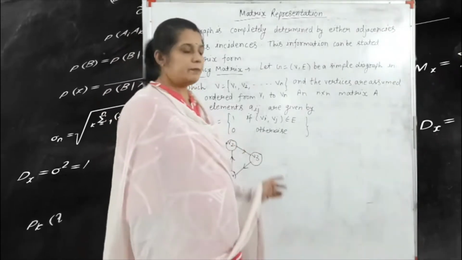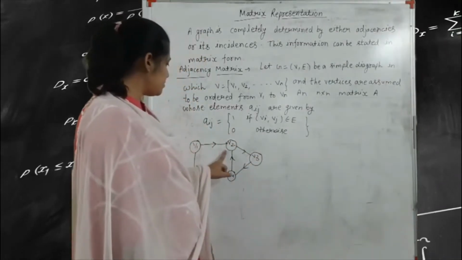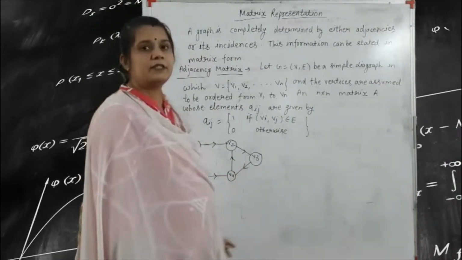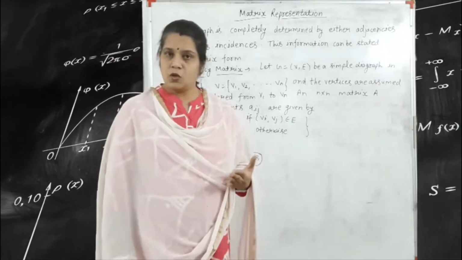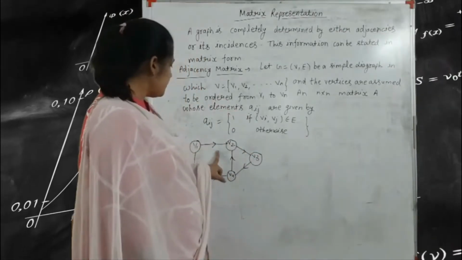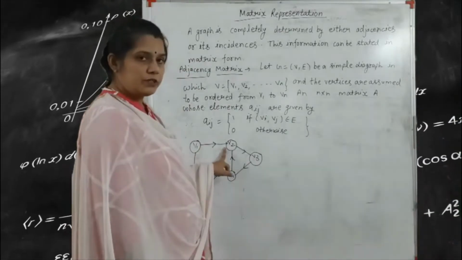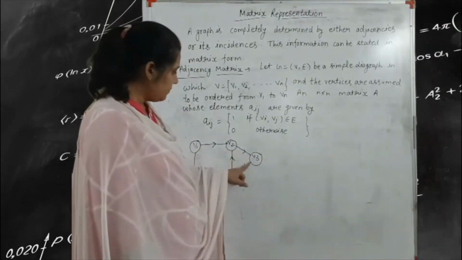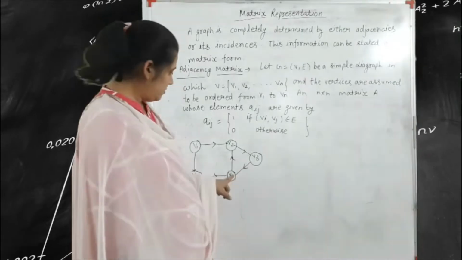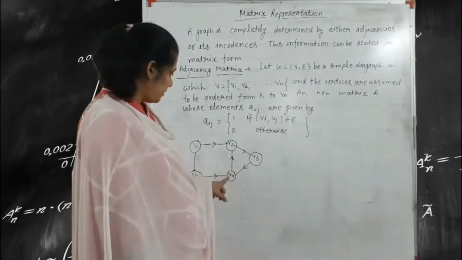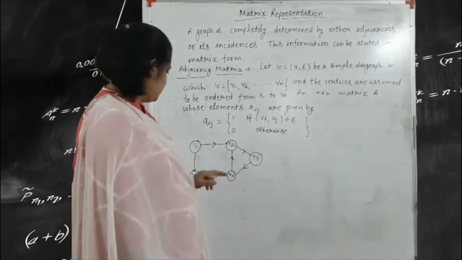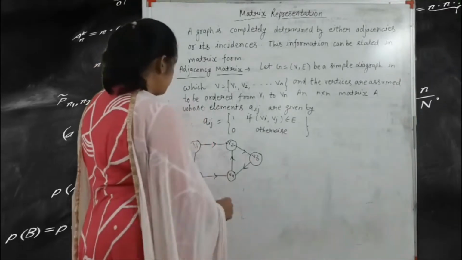Next is the example. The example has vertices V1, V2, V3, V4 and V5. Here we are given 5 vertices. According to this, the directions are V1 to V2, V2 to V3, V3 to V4, V4 to V2, V5 to V4, and V1 to V5.